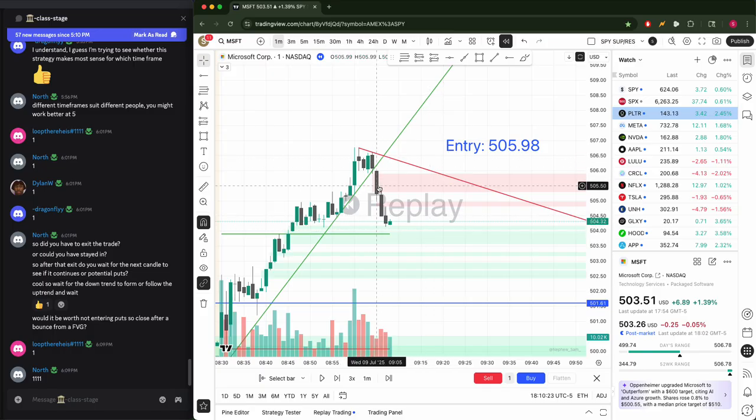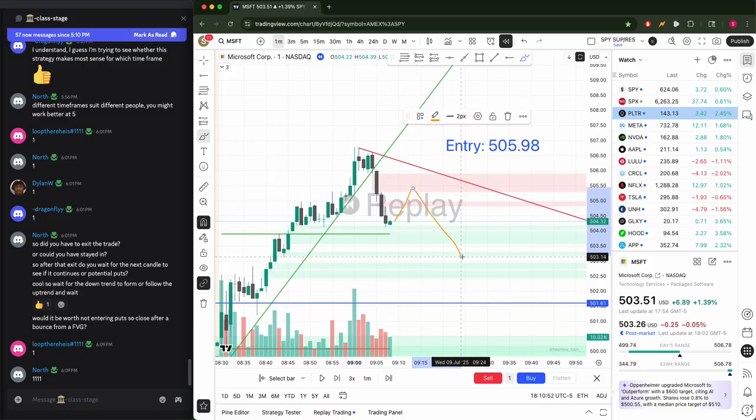What it means is that price was selling so fast that there was a bunch of people that wanted to sell and they just missed their opportunity. So the rationale behind these fair value gaps is that when price comes up to test this area again, the people that were holding the stock that wanted to sell are immediately going to sell because they told themselves, okay, I missed it. If it comes back up, I'm selling immediately. And so what we expect is for price to come up here and get rejected.